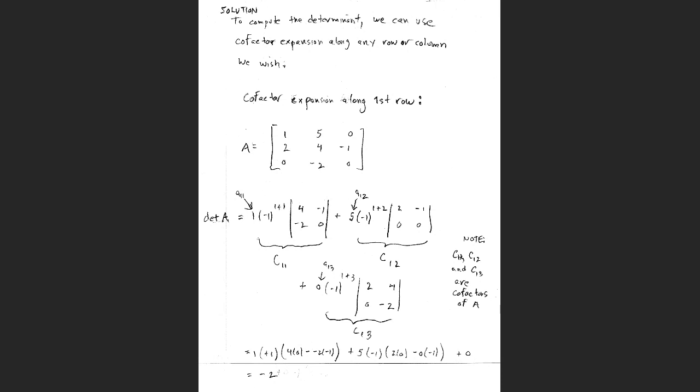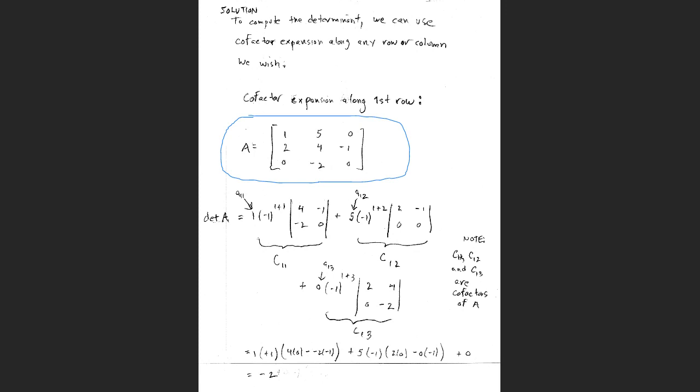So let's pick a column. Let me ask you, what column in this matrix A would be the easiest column to expand along? The first column, the second column, or the third column?